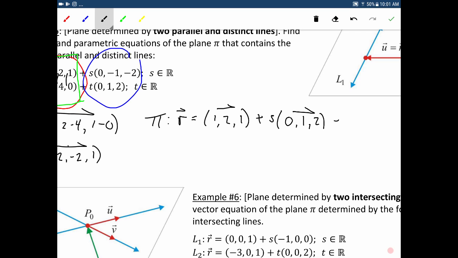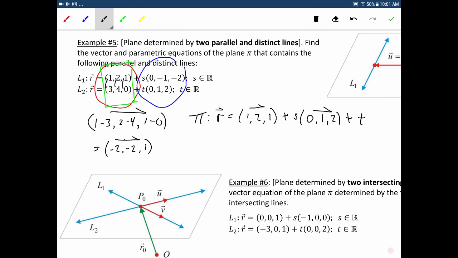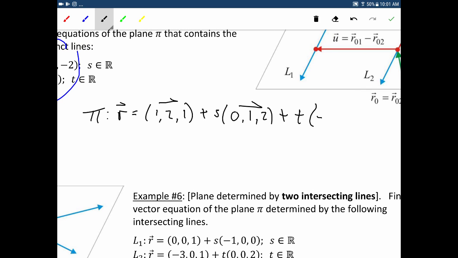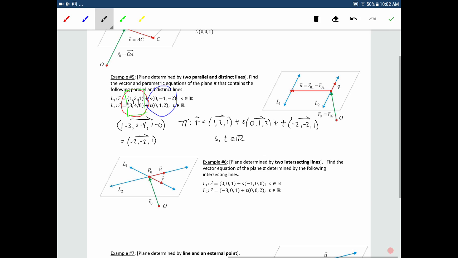Okay? And secondly, we need our remaining one, which was negative 2, 1, the one we created. Negative 2, 1. And there we go. So that's all that's left, we just have to say s and t are elements of the real numbers. And we are solid. So there you go.